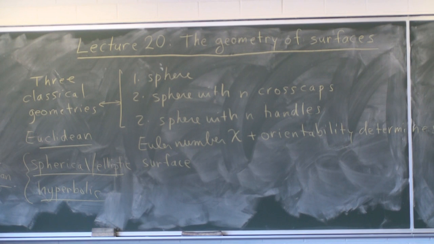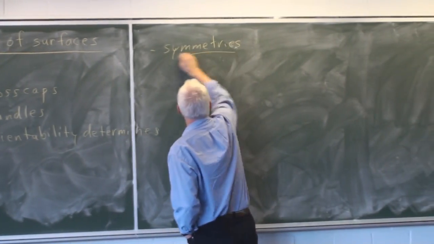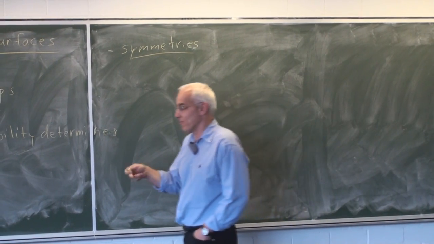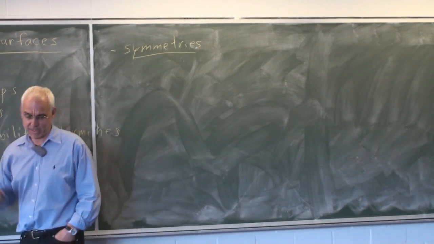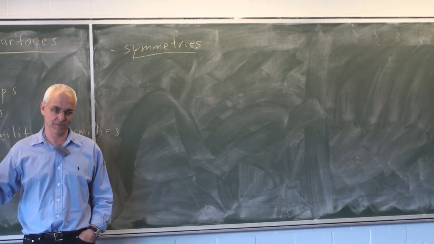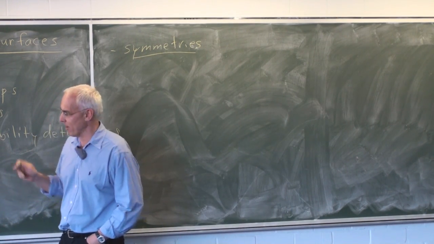And the way I'm going to do that is I'm going to concentrate on the symmetries of the geometries and not on the metrical properties. In the usual modern formulation of these geometries, one thinks of distance and angle as being the most fundamental concepts. However, that's not the way Euclid thought about Euclidean geometry.